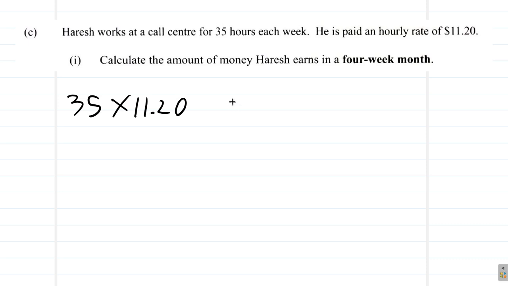This is the money for 1 week. Alright, 35 hours per week, $11.20 for every one of those hours. But it's a 4-week month. So you multiply this by 4 for the month. Okay? So that's what you have there.